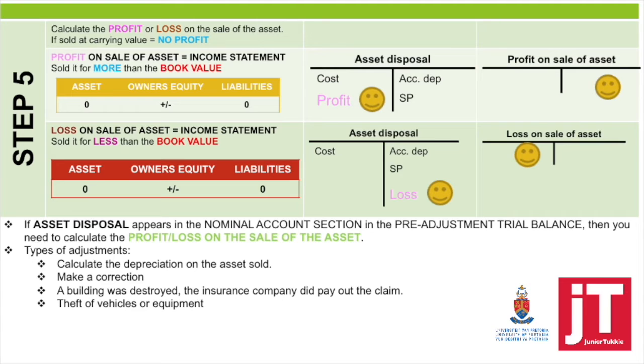A building could have been destroyed, the insurance company paid out some of the money, theft of a vehicle or equipment. These are just some examples, damages, whatever the case may be. Then we need to write it off, we need to take it out.